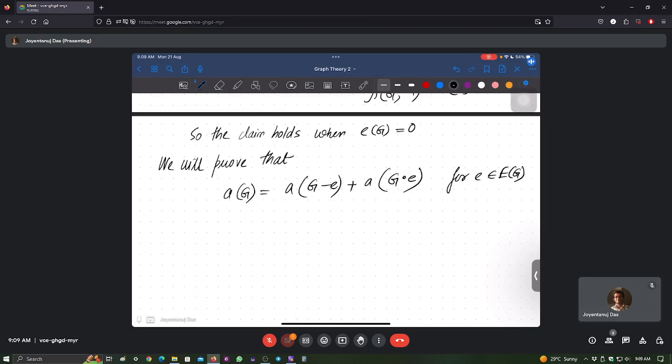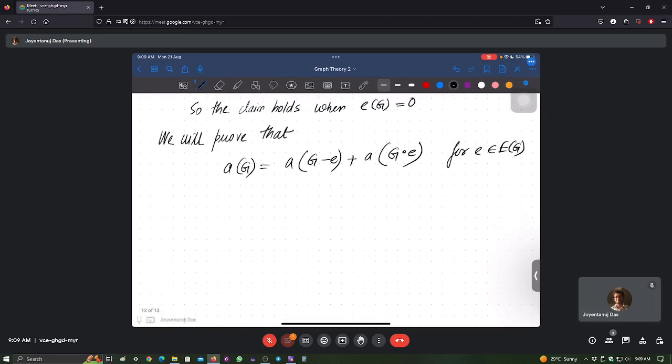So then we apply the recurrence relation for A. Now we can express A of G by the induction hypothesis in terms of the chromatic polynomial, right?